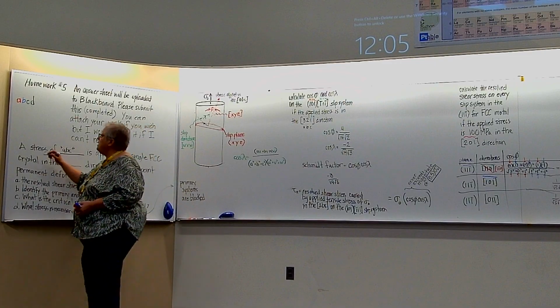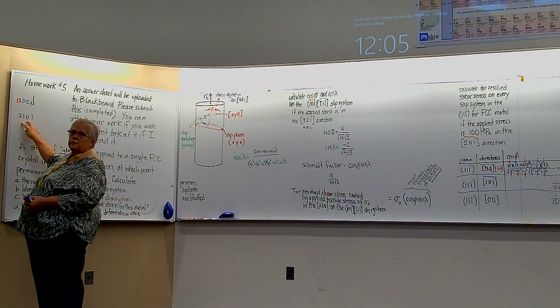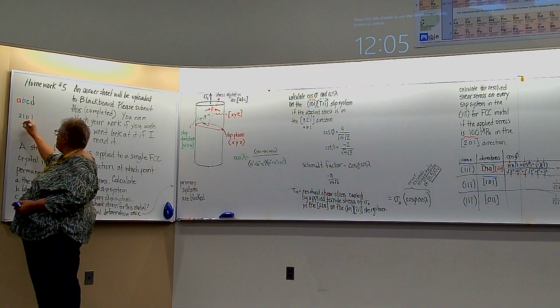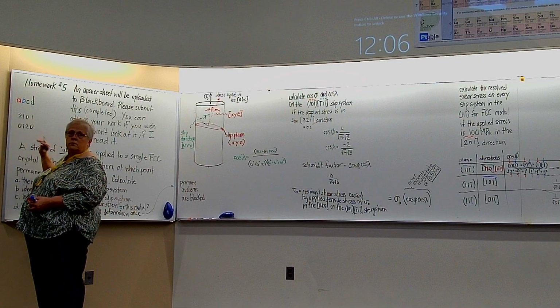So if your last four are 2101, it's 210. If your last four are 1012, it's 101.